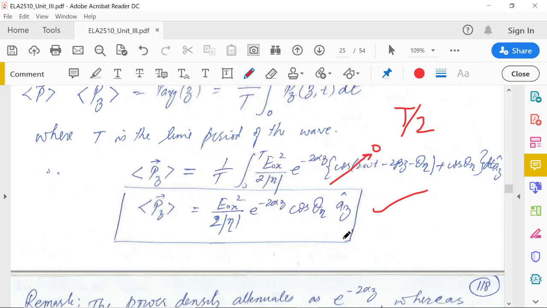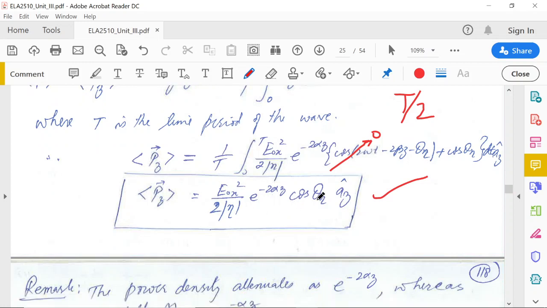This expression is what we use to find the average power density at a particular point in space. Now, this is for the general case of a lossy dielectric. If the dielectric is lossless, then θn will become 0 because η will become real, and Pz will become E0x squared by 2η.